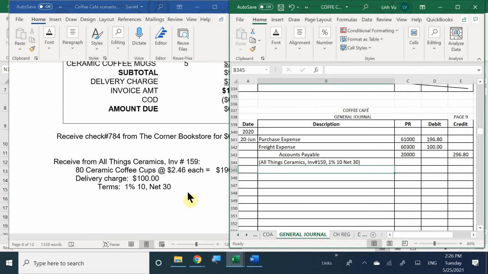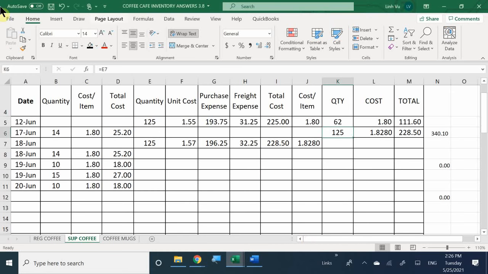Okay, so are we done with this transaction? Oh, no, we got one more. Inventory worksheet. So here we are.